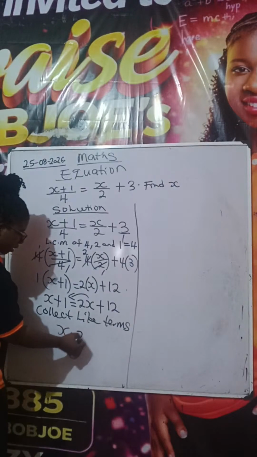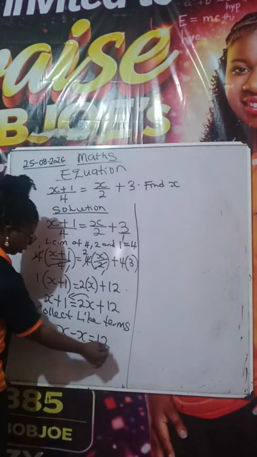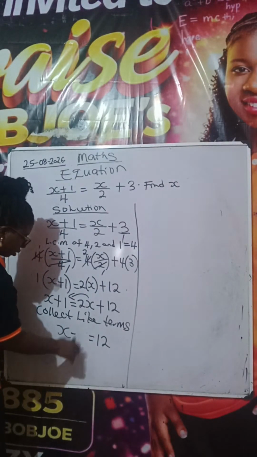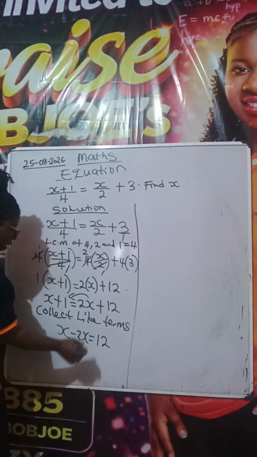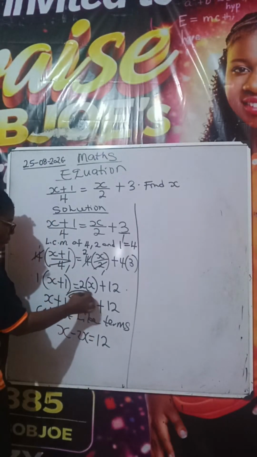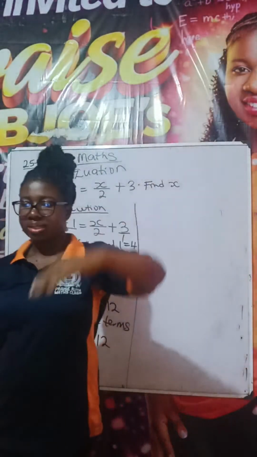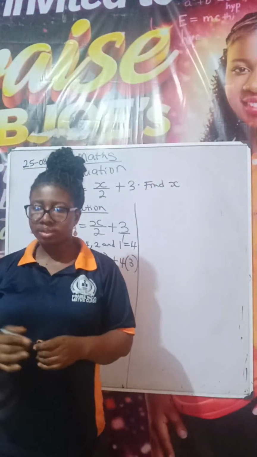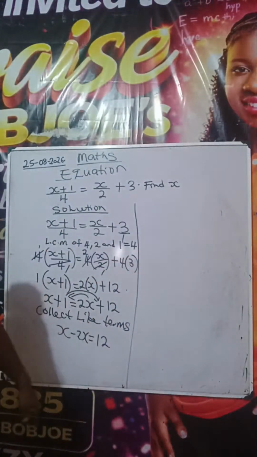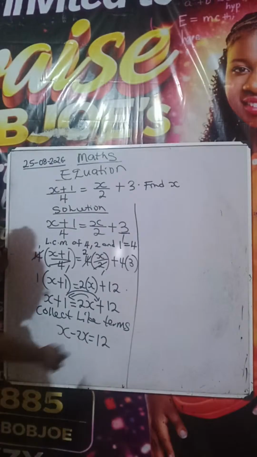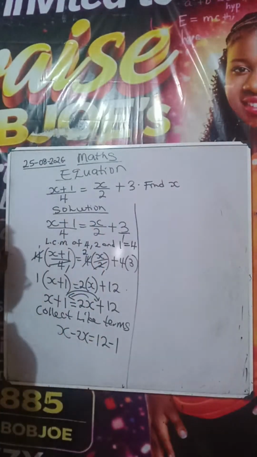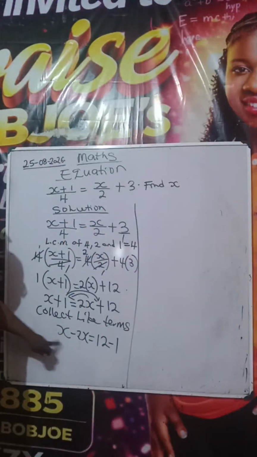So we have x minus 2x, then 12, move the 1. I'm taking the 1 to the right. When you take the 1 to the right hand side, will it be plus or minus? Look at it. So that will give us minus 1. Good job.